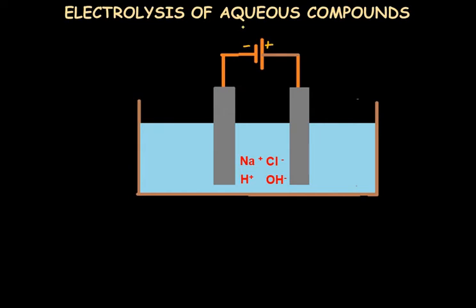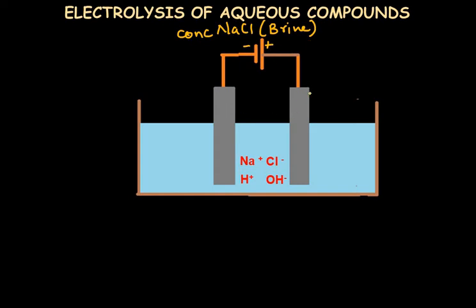Let's start with the example of the aqueous solution of NaCl, and if we take the concentrated aqueous solution of NaCl, then in general language we call that brine. So electrolysis of brine means the electrolysis of concentrated NaCl solution, in aqueous form obviously.